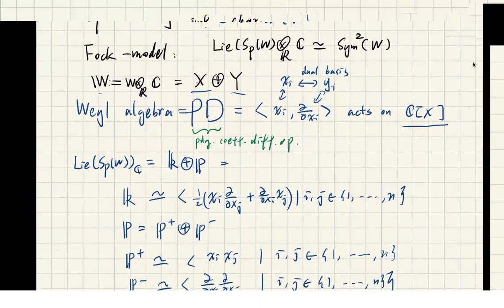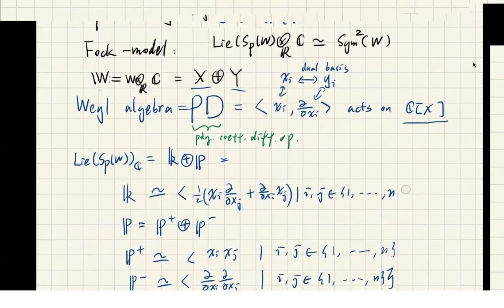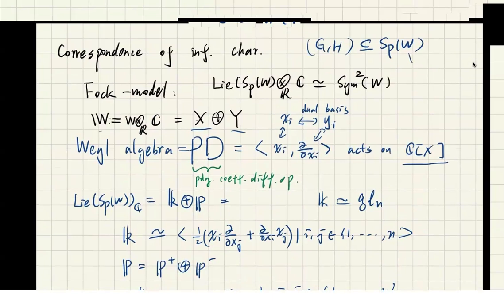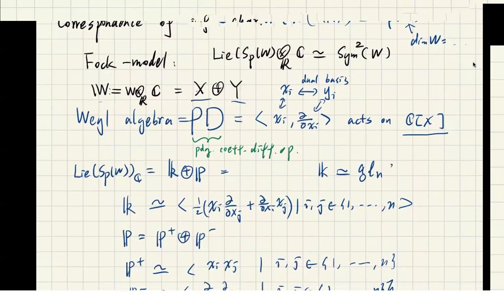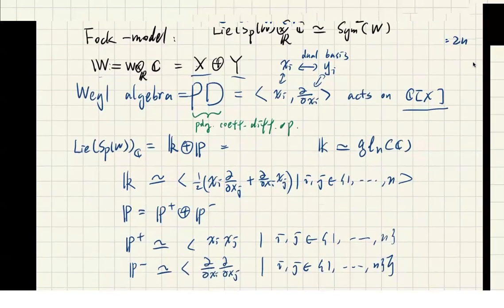And the compact part K is isomorphic to GL_n(C), if the dimension of W is equal to 2n, and it will have a basis like E_ij.